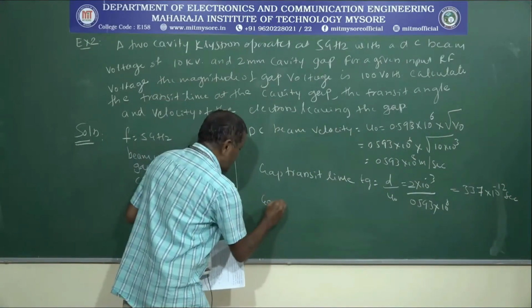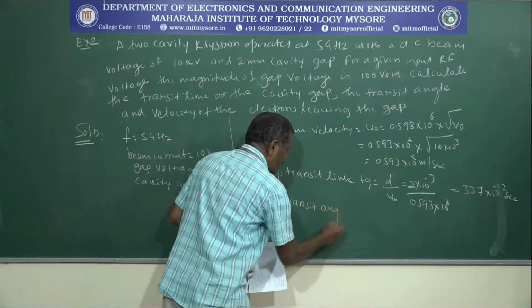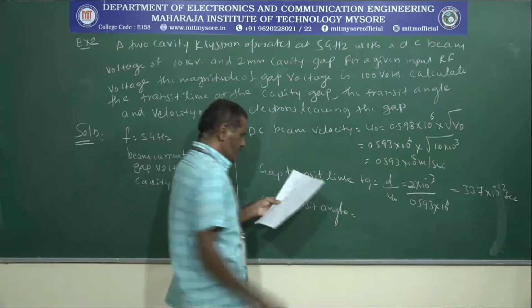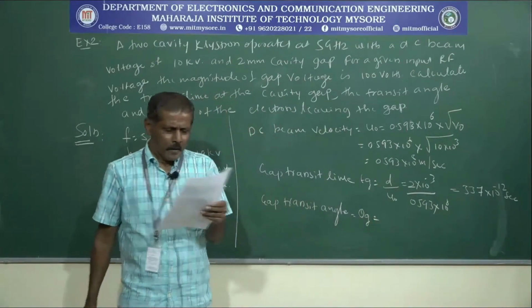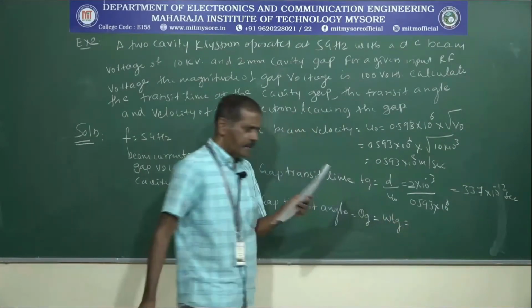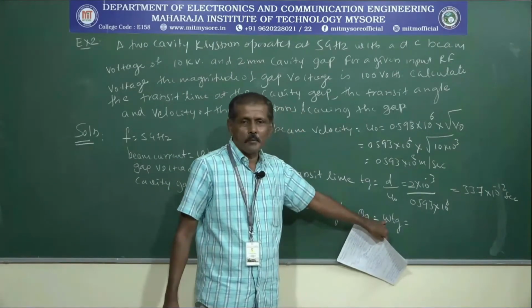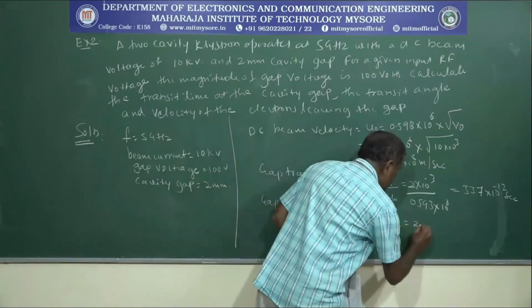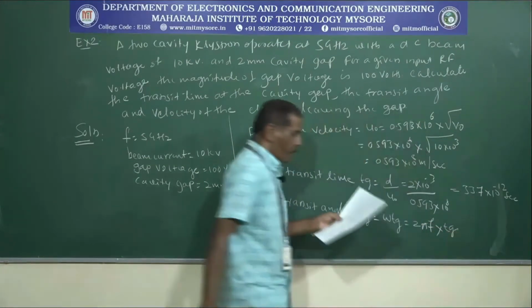Next parameter is gap transit angle, theta g. This can also be calculated by omega into Tg, where omega is nothing but 2 pi f. So it is 2 pi f into Tg.